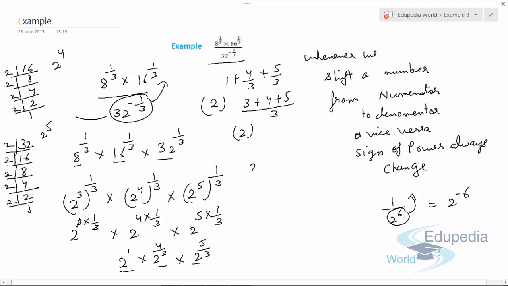So it will become 2 raised to power, 4 plus 3 is 7, 7 plus 5 is 12, so 12 upon 3. So this will cancel out, 3 fours are 12, so it will be 2 raised to power 4, which is 2 into 2 into 2 into 2. So the answer will be 16. So this is the final answer.